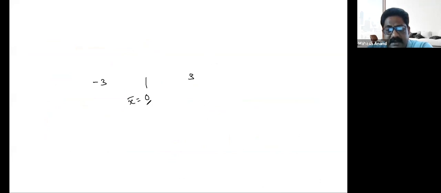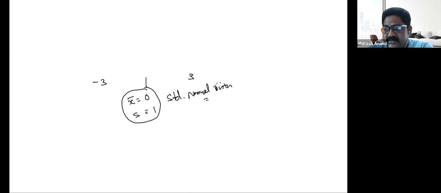That is standard normally distributed samples. X bar is 0 and standard deviation is 1. This is a characteristic of the standard normal distribution. This point we have discussed in our previous video also.